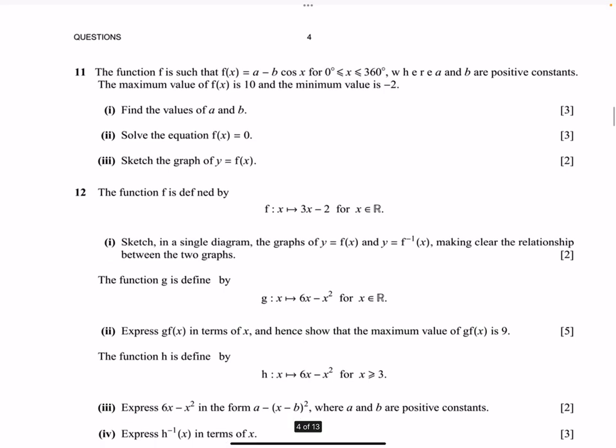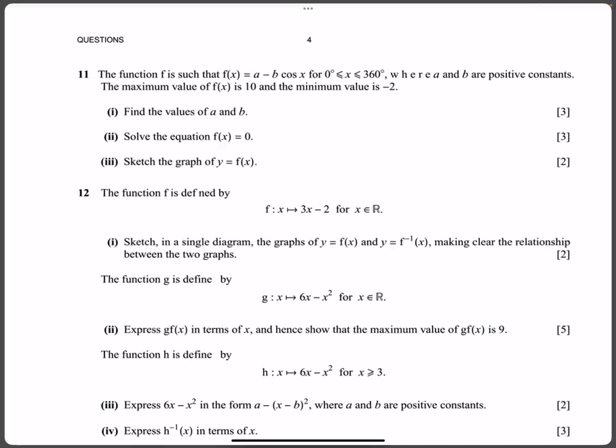Now let's do question number 11 from the worksheet.